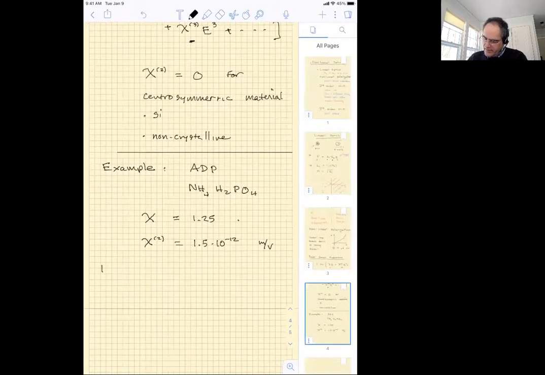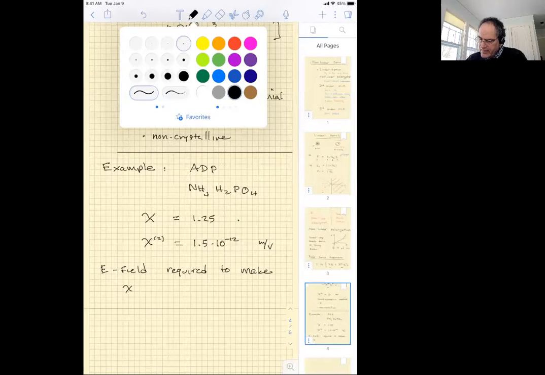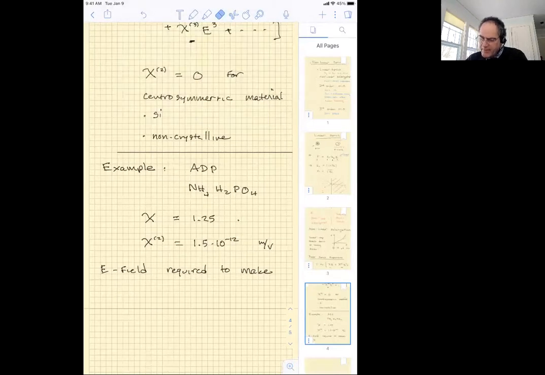So let's figure out the electric field required to make the polarization due to the second order field just 1% of the polarization due to the linear term. So the polarization due to the second order term over the polarization due to the first order term, we'd like that to be equal to 1%, okay?